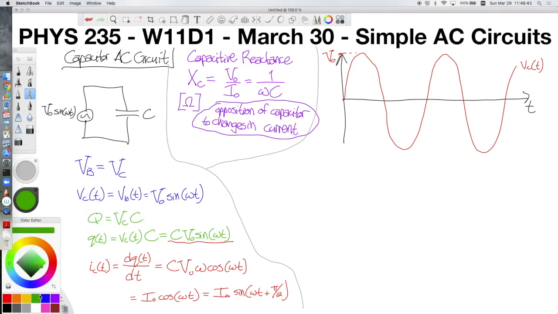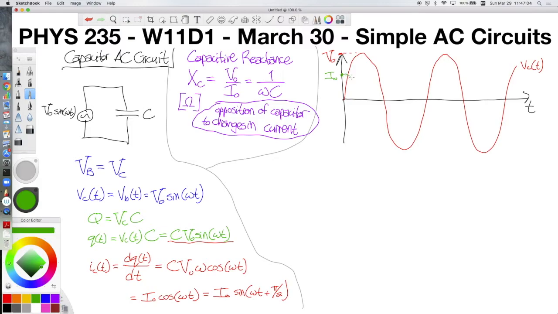But my current is equal to a sine of omega t plus pi over 2. So remember from way back at the beginning of the course that a phase shift of positive pi over 2 slides the graph to the left by pi over 2. So we actually get, for current, something that looks like this.